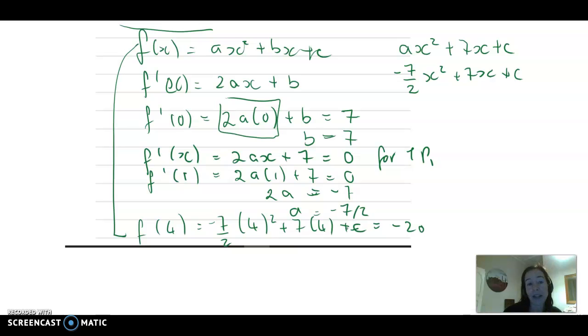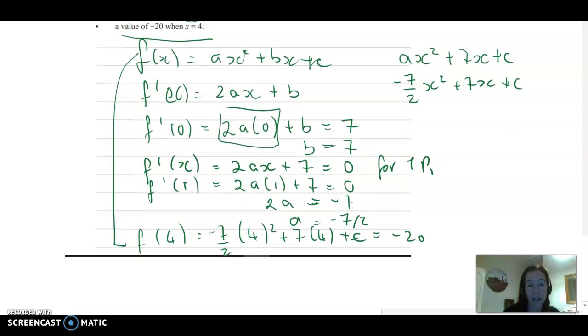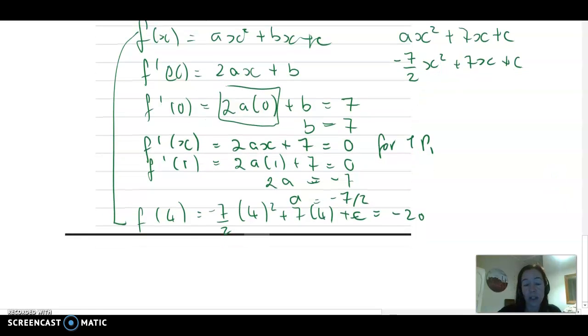So I hope you're happy with that. We were told the value of the function is negative 20 when x is 4. So I've just substituted 4 in and let it equal negative 20, which is going to give me a nice c right in there. So 4 squared is 16, divided by 2 is 8.